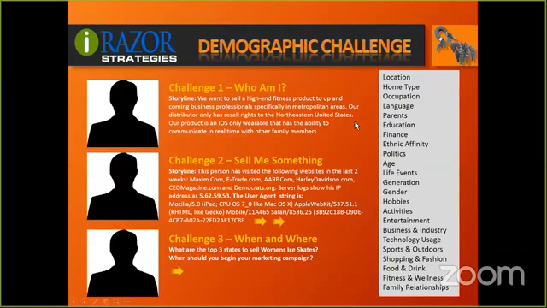Sell me something. This person has visited the following websites in the last 2 weeks: Maxim.com, E-Trade, AARP, Harley Davidson, CEO Magazine and Democrats.org. Let's just start with that. What can you tell me about this person without knowing anything else about them?